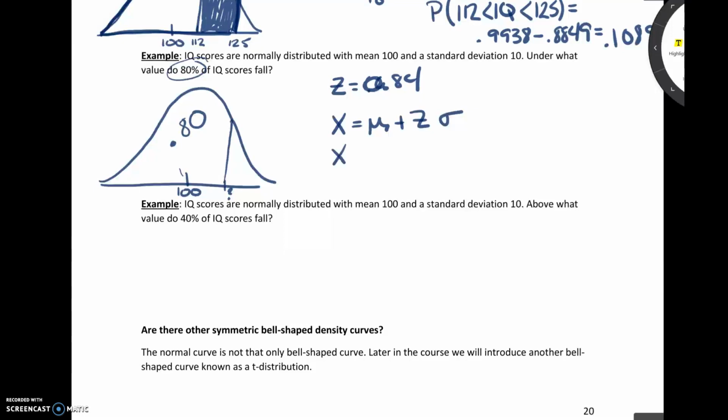So the x that we want is equal to 100 plus the z that has 80% to the left of it, times our sigma. If you put that in your calculator, you'll find that the x we're interested in is equal to 108.4. And that's the exact same answer that we got using StatKey.